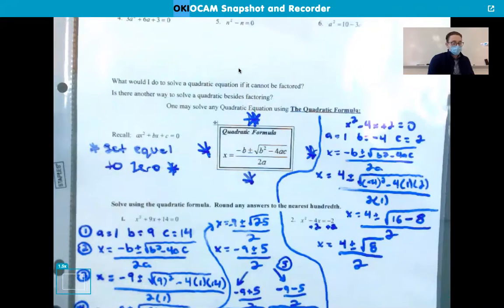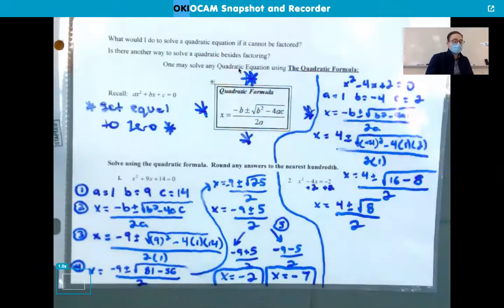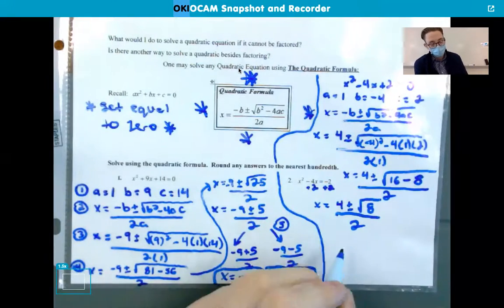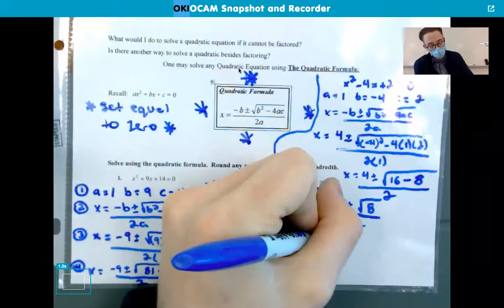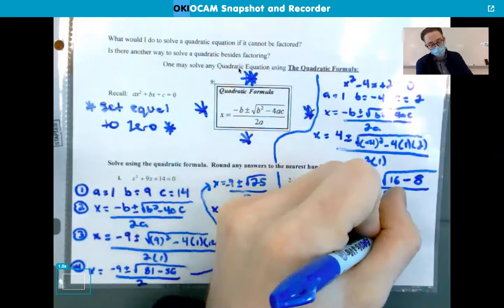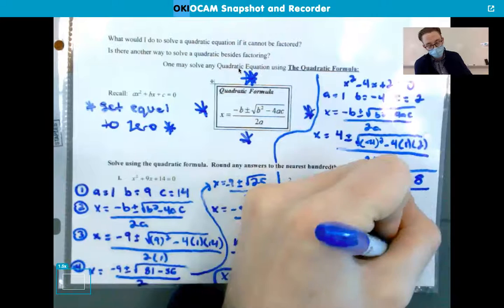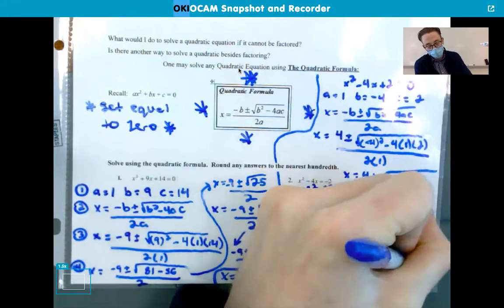Okay. There's a couple things that we can do from this point. So what I would suggest doing is either breaking this up into our 2 solutions. I have 4 plus square root of 8 over 2, 4 minus the square root of 8 over 2.